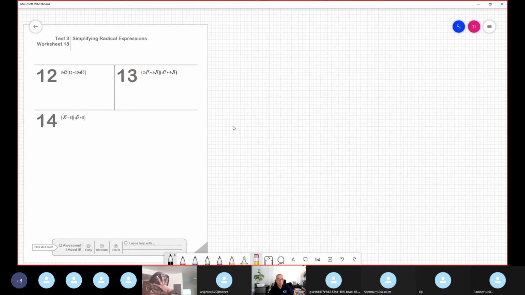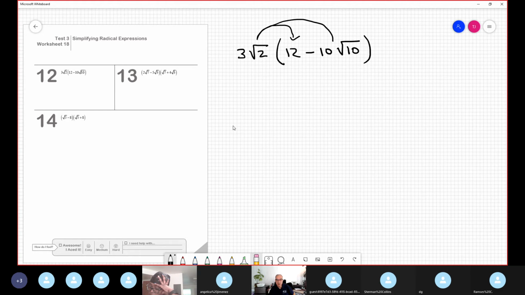Okay, there you go, the multiplication. 3 radical 2 parenthesis 12 minus 10 radical 10. Simplify that. When you apply the property, you multiply this and this, and you multiply this and this. Remember that 12 is a number without radical, so you consider it as 12 radical 1. When you multiply, 36 radical 2 minus 30 radical 20, because 2 times 10 is 20.